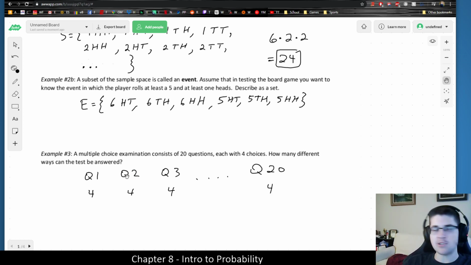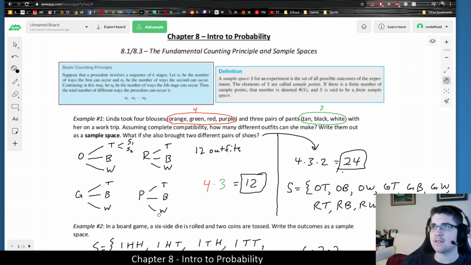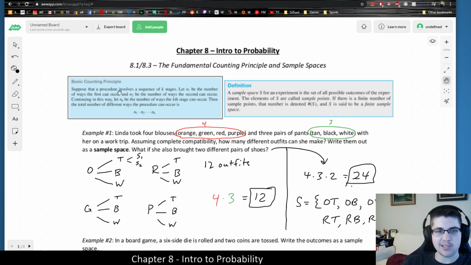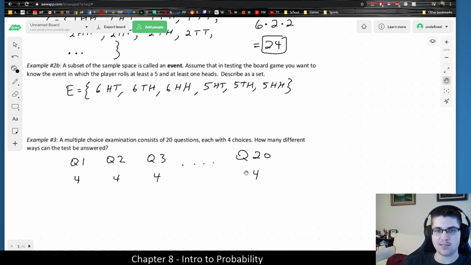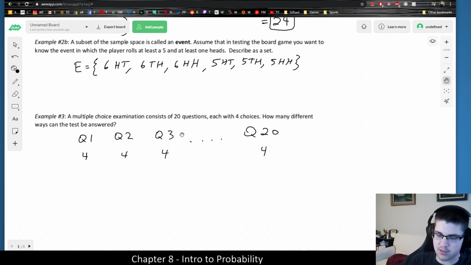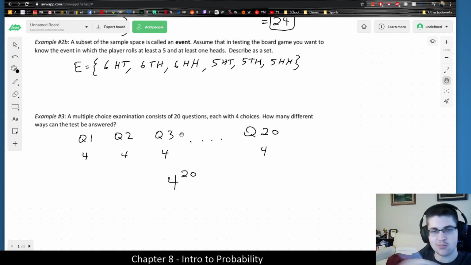And what we would need to do is just take the product of each one of those numbers, because I'm thinking about each question as an individual option in this chain. Basically it's a procedure involving 20 stages, and each stage has 4 potential ways of answering it. Well, if I just took 4 times 4 times 4 times 4 times 4, or as another way of writing it, 4 to the 20th power, that would be the number of ways I could run through the test, right?